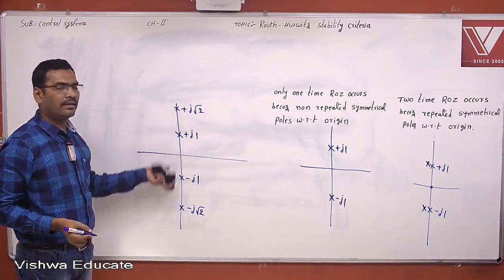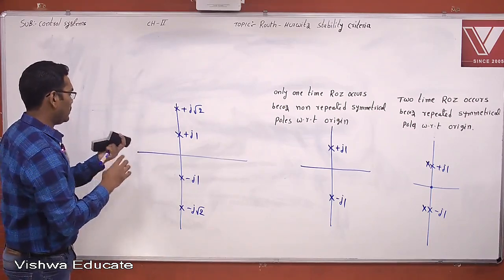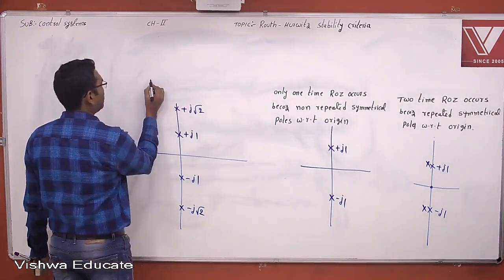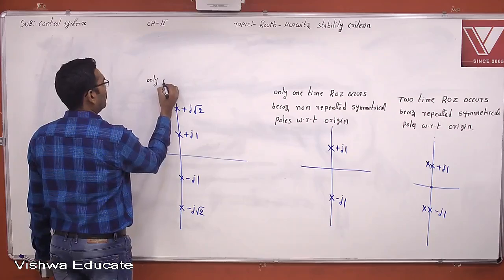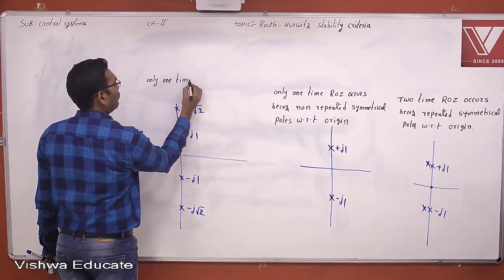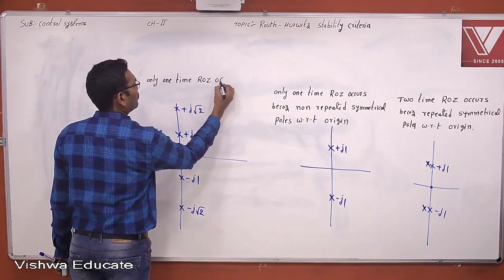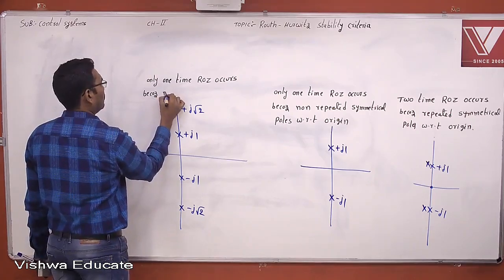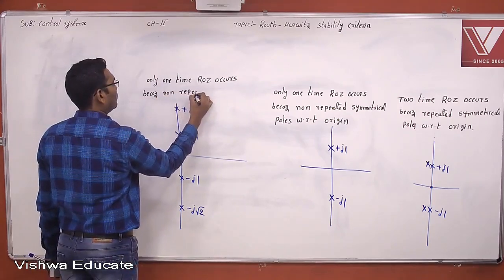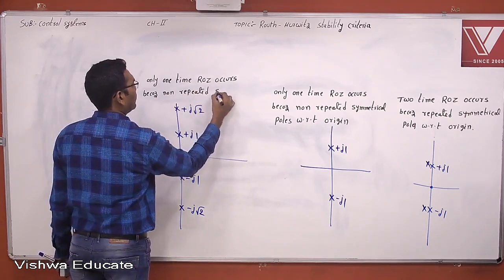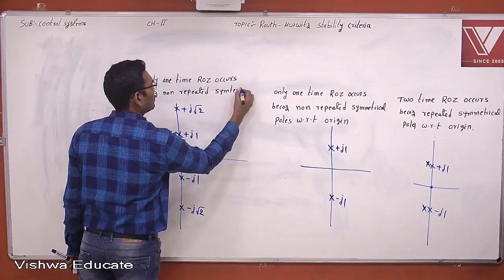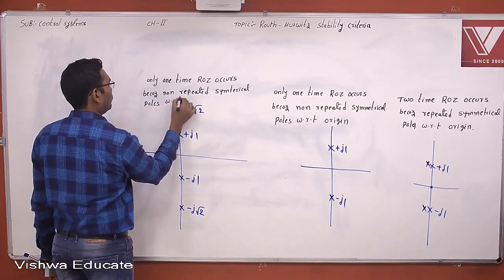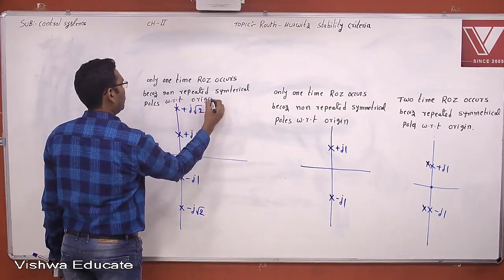The poles are symmetrical, but non-repeated. Therefore, how many times does the row of zeros occur? Here also only one time the row of zeros occurs, because of non-repeated symmetrical poles with respect to origin.